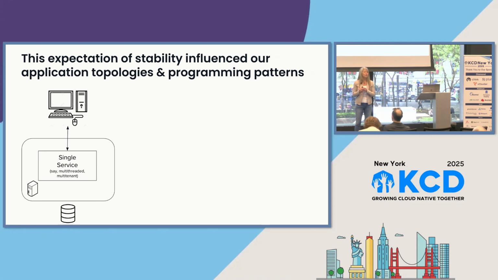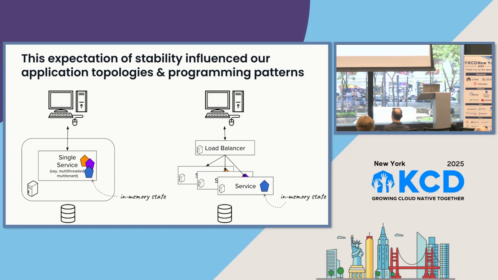So we built architectures like this where we kept state in memory. Because when we were going to cycle to a new version, we were going to do that very, very carefully, and we were going to go through a number of steps to preserve that state: take a long maintenance window, bring up the new thing, and then bring the state back over there.